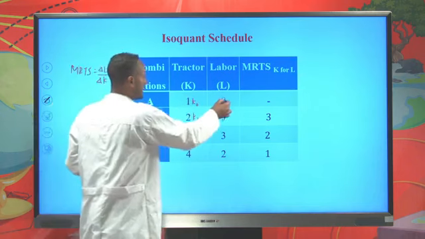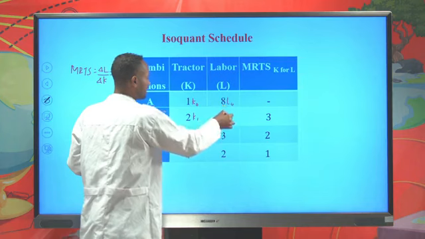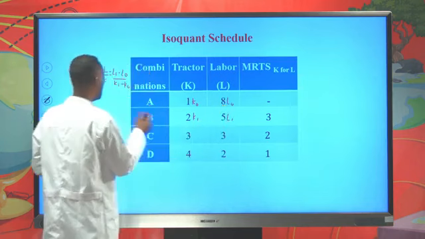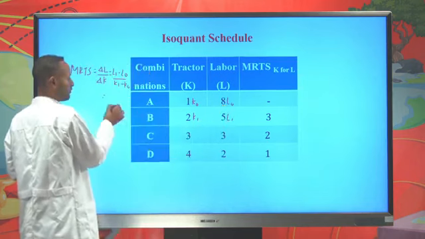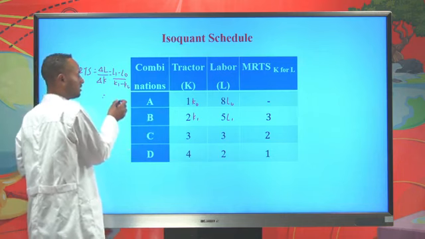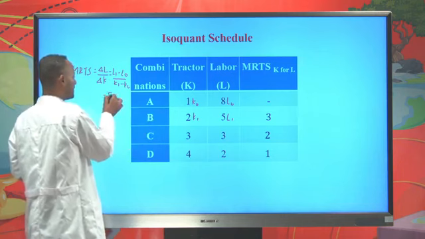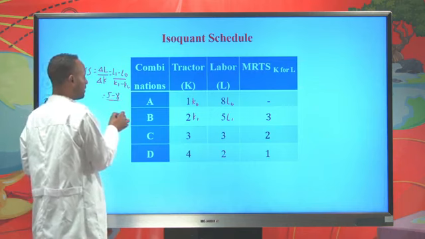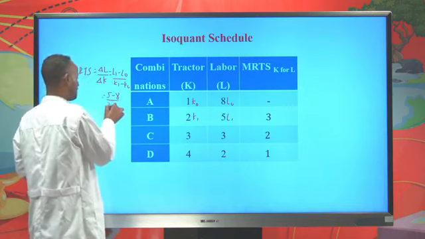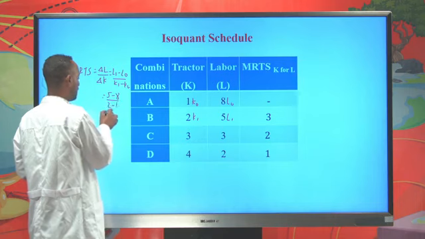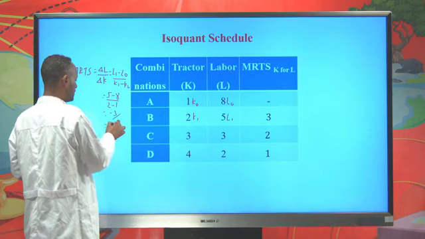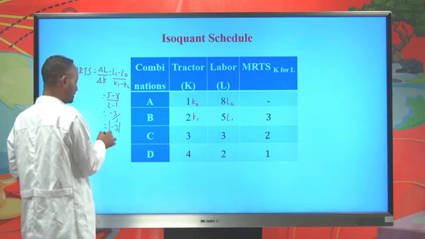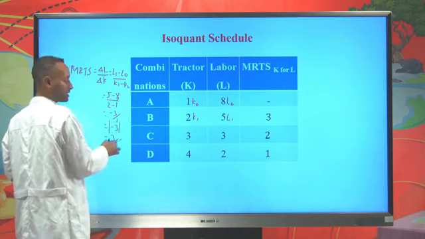Let's take this 8 as labor initial and this 5 as labor final. And then when we substitute this information on this formula, the value of labor final is 5 minus labor initial is 8 divided by the value of capital final is 2 minus capital initial is 1, which is minus 3 divided by 1, and then we get minus 3. When we put it out of absolute value, we get 3.